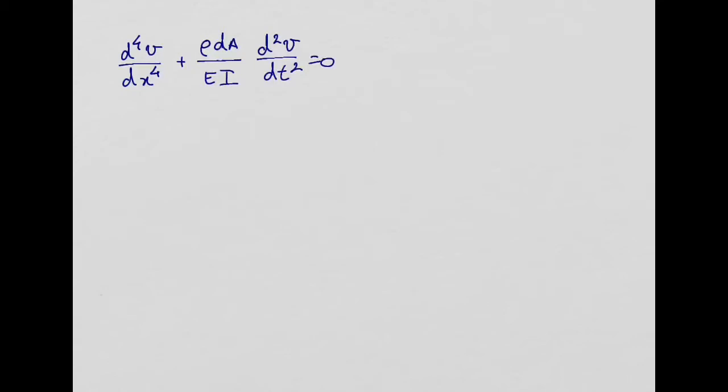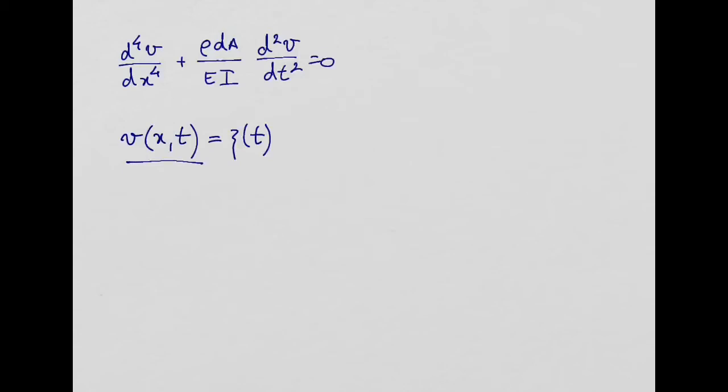Right. So, like I said, we are going to be looking for a solution for the deflection. And we are going to do it this way. We are going to consider one component, xi, which is going to be only a function of time. So our deflection depends on two variables.